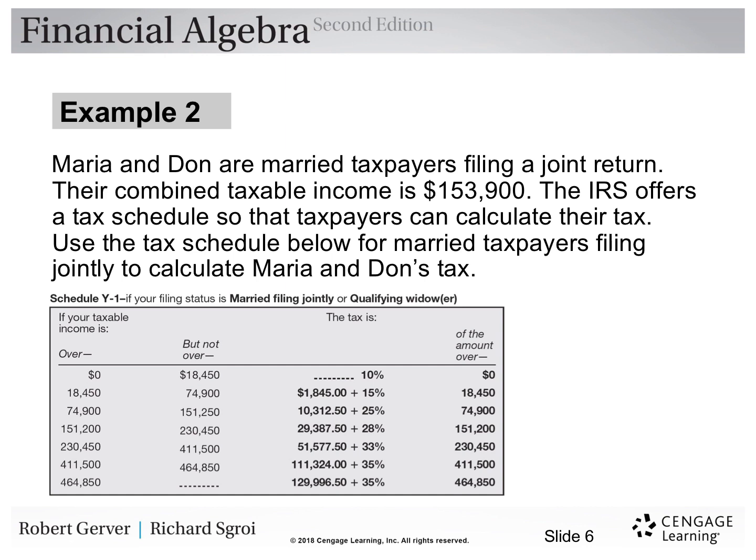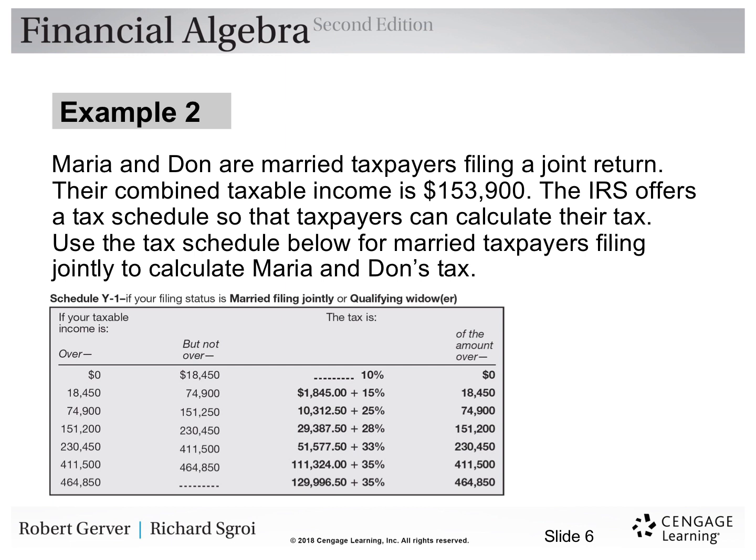Now let's look at example 2. Maria and Don are married taxpayers filing a joint return. Their combined taxable income is $153,900. The IRS offers a tax schedule so that taxpayers can calculate their tax. Use the tax schedule below for married taxpayers filing jointly to calculate Maria and Don's tax.